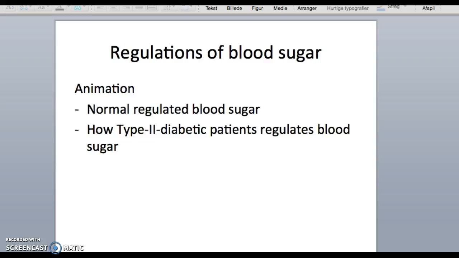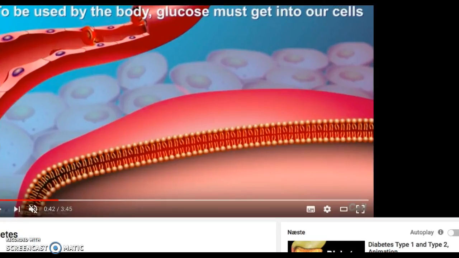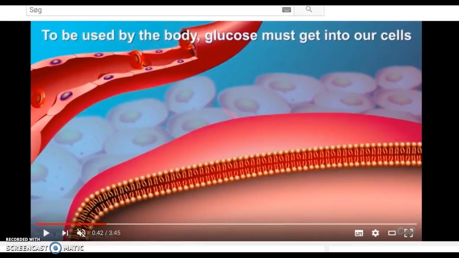So I'm also going to show the regulation of the blood sugar in an animation, where you see how a normal blood sugar is regulated versus how type 2 diabetic patients' blood sugar is regulated. So first we see how a normal person's blood sugar is regulated.